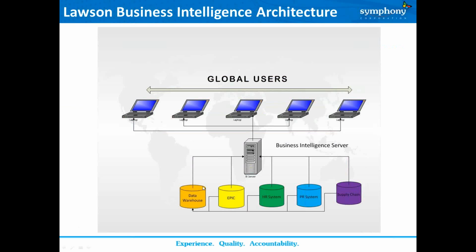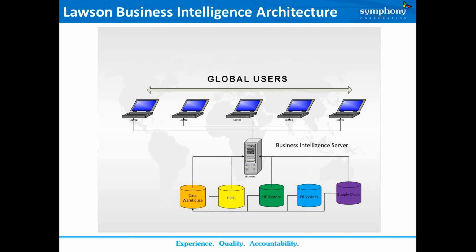at the bottom I have the data warehouse. It is not only the Lawson system or Epic system. You might have an existing data warehouse that you want to connect to, which you can do. You can bring Epic data and Lawson data into your existing data warehouse, create reports out of it, combine Lawson data along with Epic data, and put it in the dashboard.